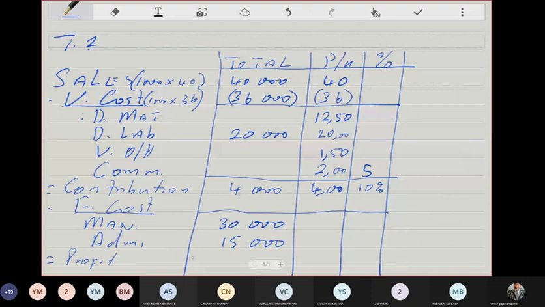So you could see that we've got a huge loss in this company because we've got 45,000 as our fixed cost, but the only contribution that we have is 4,000. So we've got a loss. If you finish this income statement, it's going to be clear that the company is running at a loss.